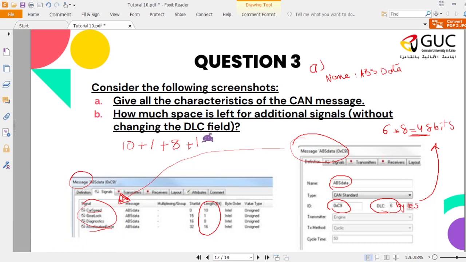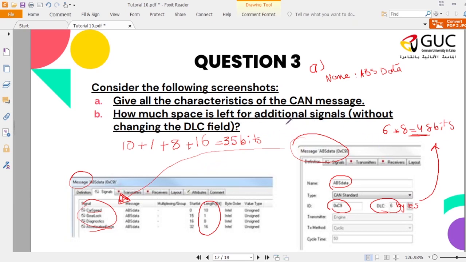So if we add them all up, it will be 35 bits in this message, but the DLC is 48 bits. Okay, so we have 13 left.